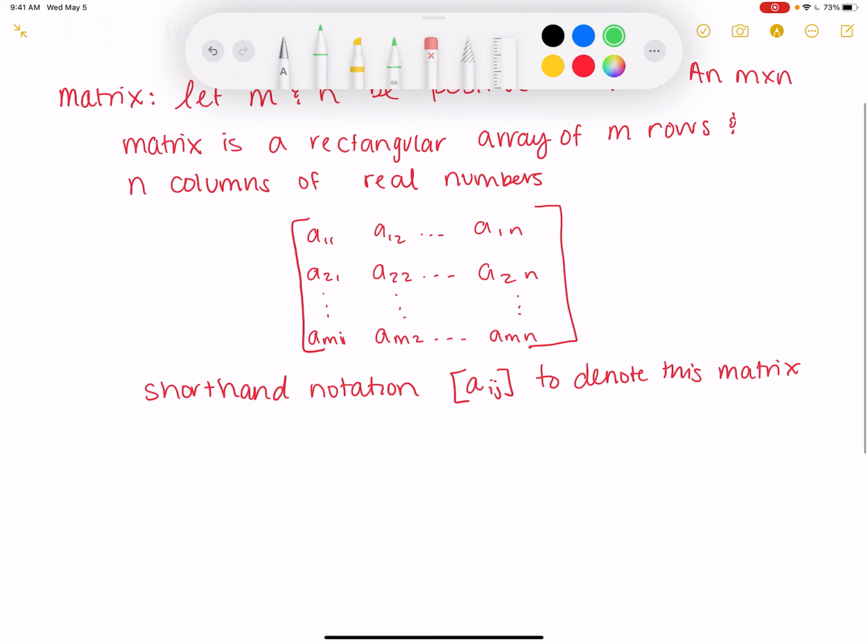Alright, so there's a whole bunch of definitions here. They're not long, but there's just a lot of them. So element is each number or letter, as the case may be, in the matrix.